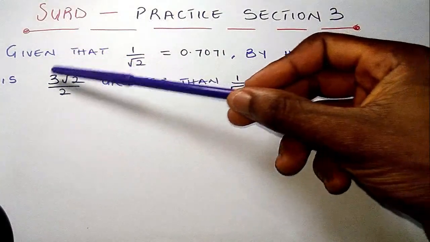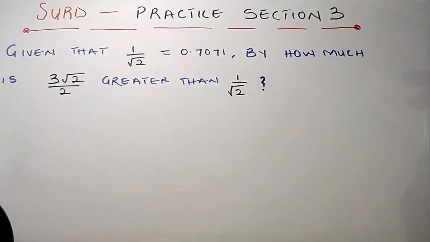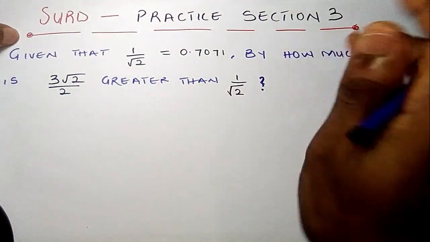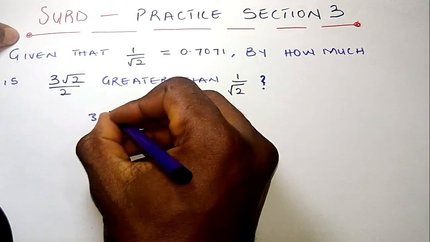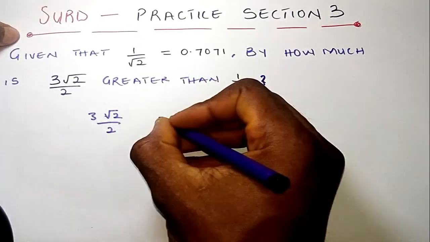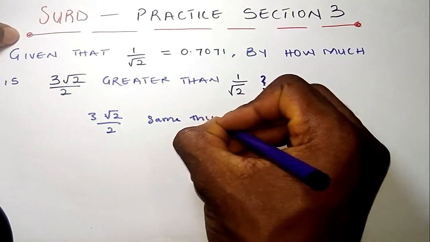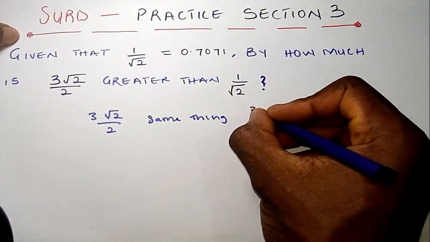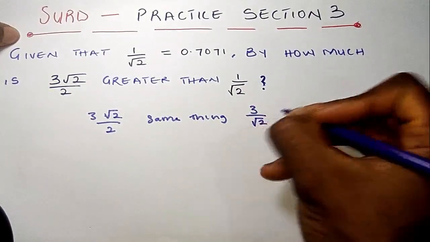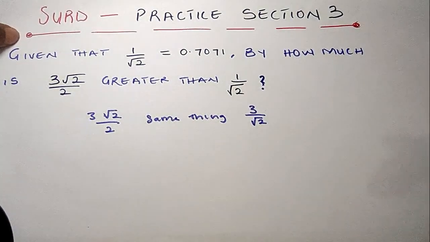So basically we are going to make this into a decimal form like this too. But how are we going to do that? Now you notice that 3 root 2 over 2 is the same thing as 3 over root 2. Now you may ask how.